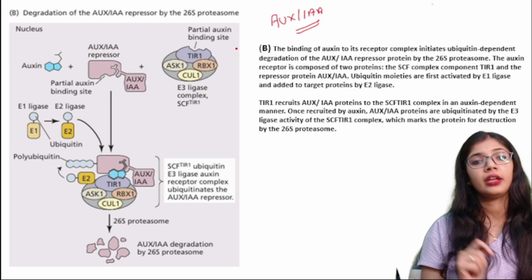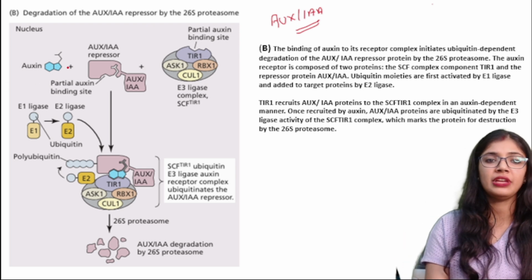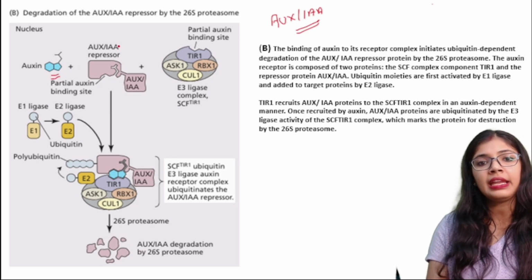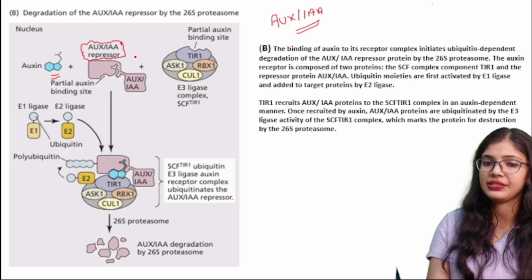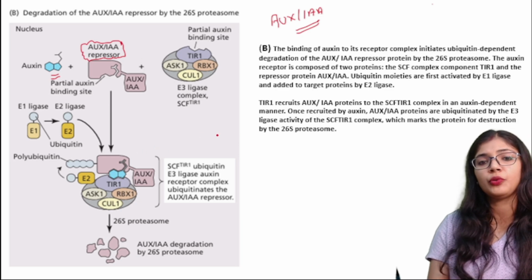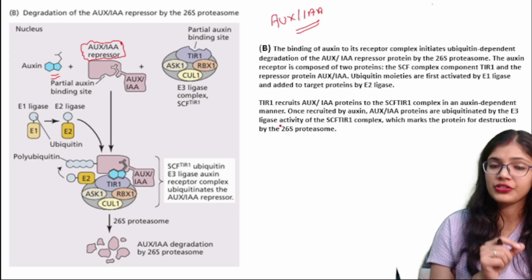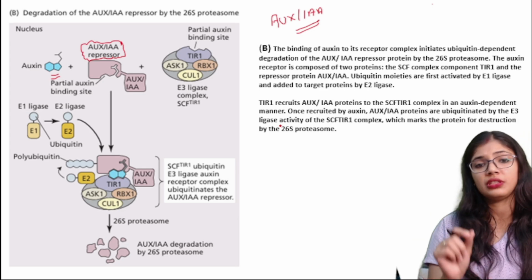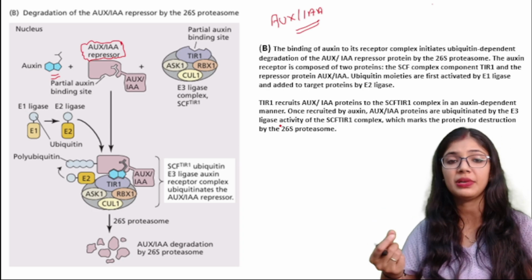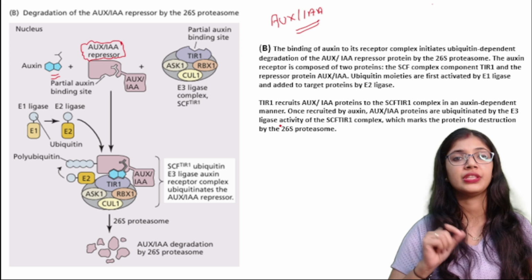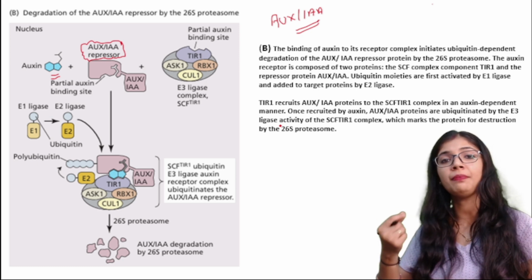Here we can see that when auxin is present, there is a repressor, AUX/IAA, which represses the proteins required for the growth and development of the plant. So when auxin is present, this AUX/IAA repressor needs to be degraded so that in the presence of auxin, the growth and development of the plant can take place.